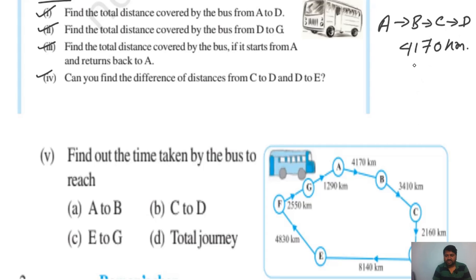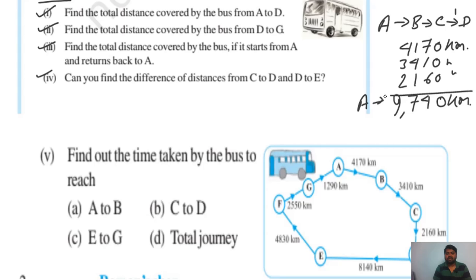Next distance 3410 kilometer, and next distance 2160 kilometer, and we add these to get the total distance between A to D. Adding, we get 9,740 kilometer distance covered from A to D. This is the math.